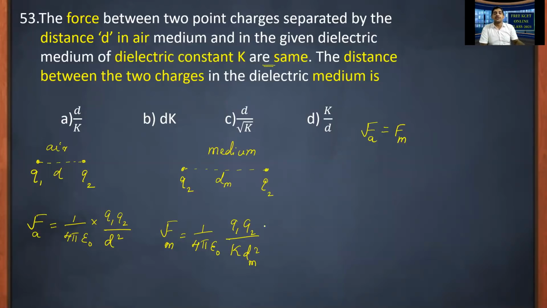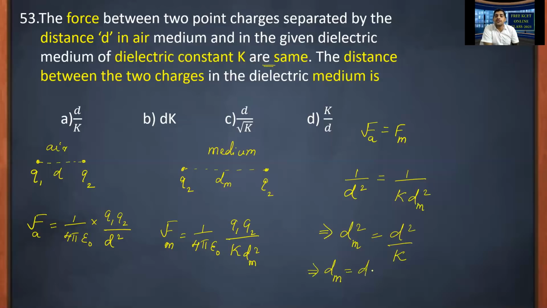So I can write like this: 1 by d square is equal to 1 by K into dm square. Am I right? Now, what the question asked is dm. So dm square is equal to d square divided by K, that is dm is equal to d divided by root K. So the option is d divided by root K. The option is C.